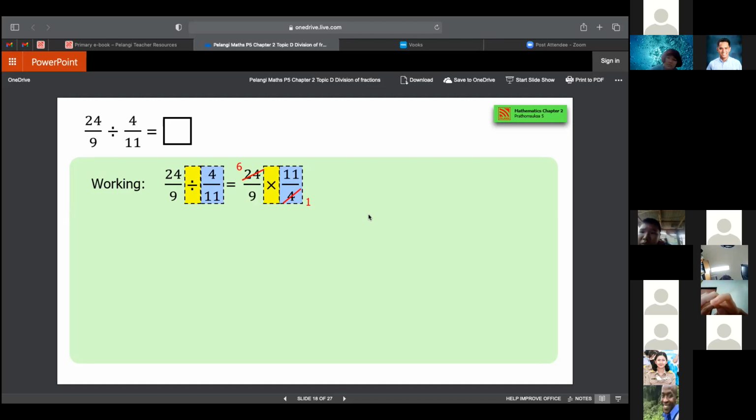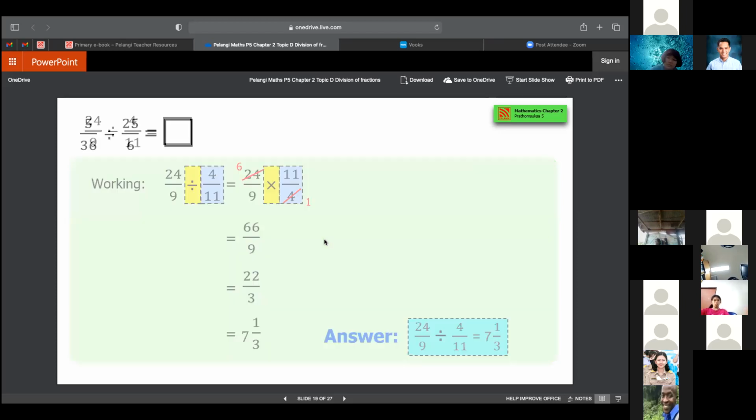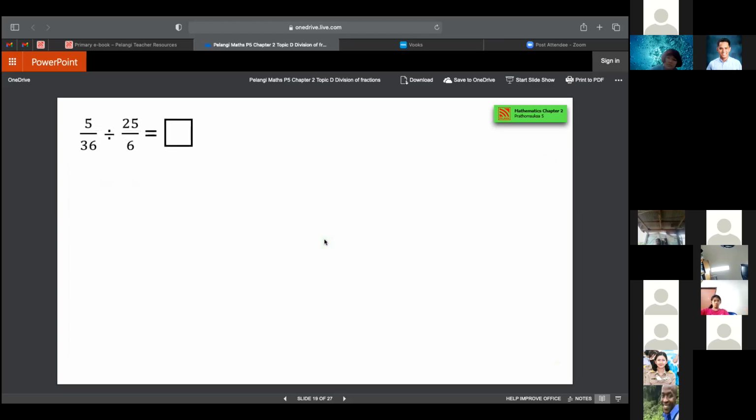Now you will have 6 times 11 and 9 times 1. 66 for 6 times 11. 9 times 1 is 9. 66 over 9 is an improper fraction. We will simplify. 66 divided by 9 is equal to 22 over 3, or simplified, 7 and 1/3. So that means 24 over 9 divided by 4/11 is 7 and 1/3. Very easy, right? If you know how to multiply.